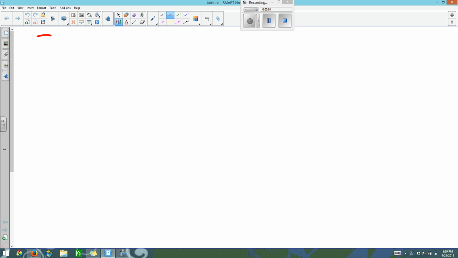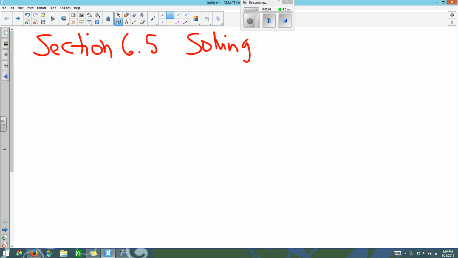So section 6.5 talks about solving radical equations.